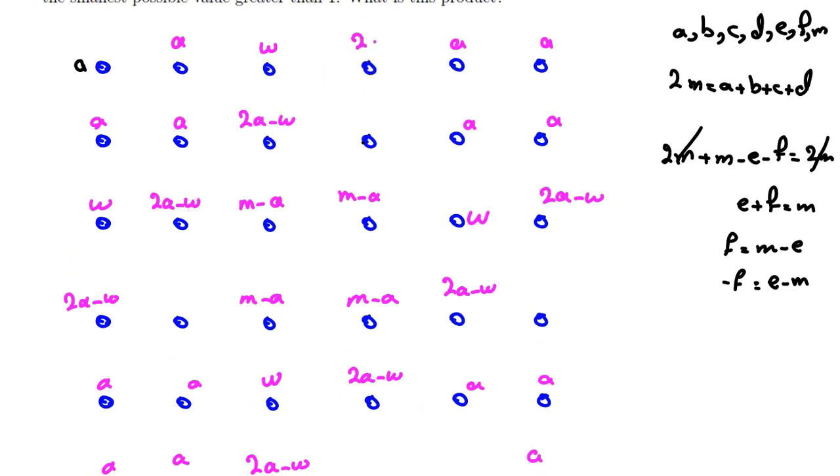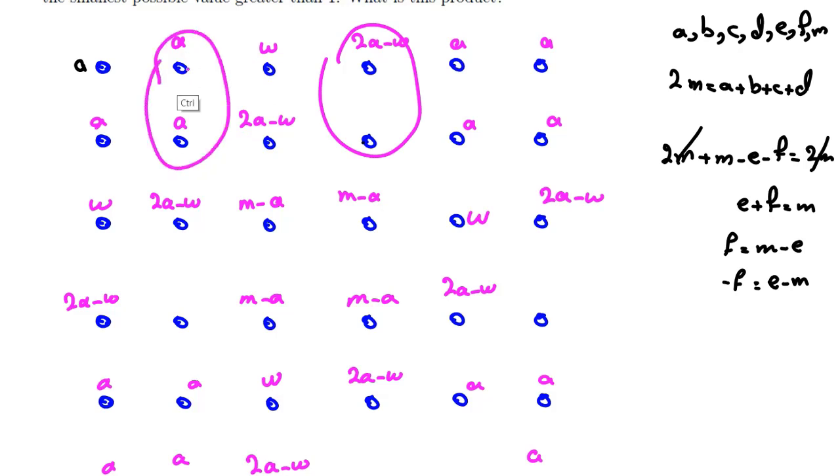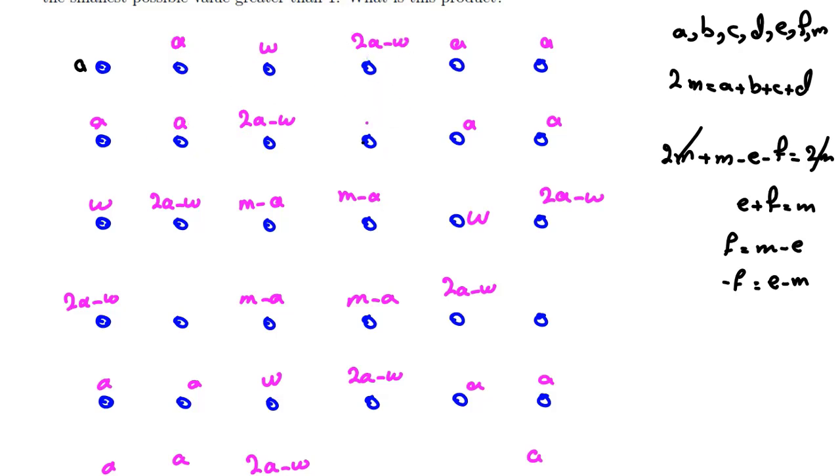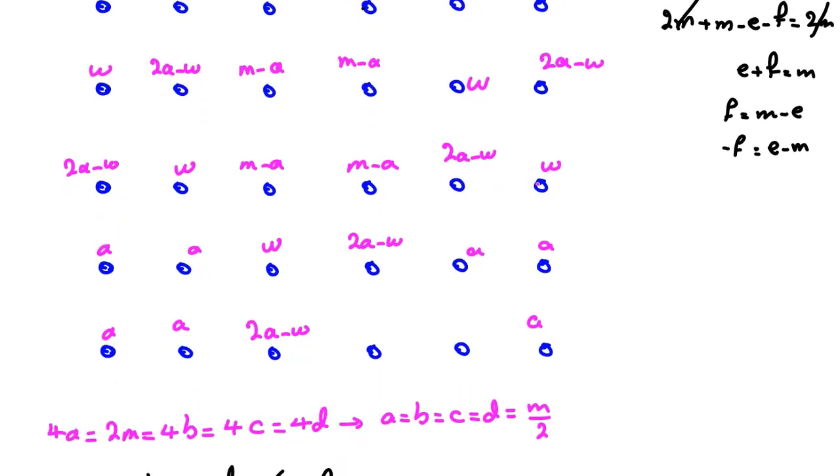This one, 2A minus W. Okay, again, we know that this sum is 2A because of this 2 by 1 by 1, and this 1 by 1, this sum equal this sum, A, 2A minus W, so this one W. Because of 3 by 3, the corners, it is W, this one is W, this one is W. Okay, so we found.